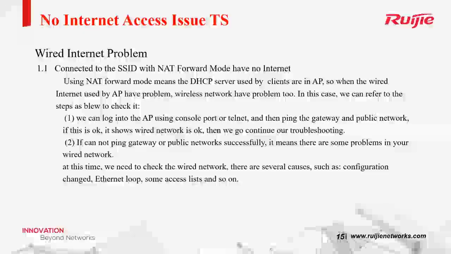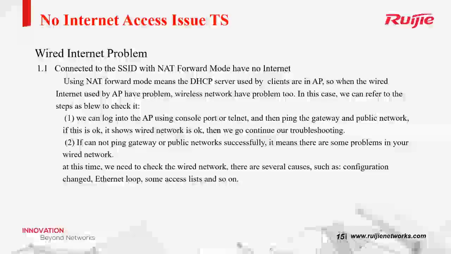First, you can log into the AP using the console port or telnet, and then ping the gateway and public network. If this is okay, it shows the wired network is okay. Then we continue our troubleshooting.